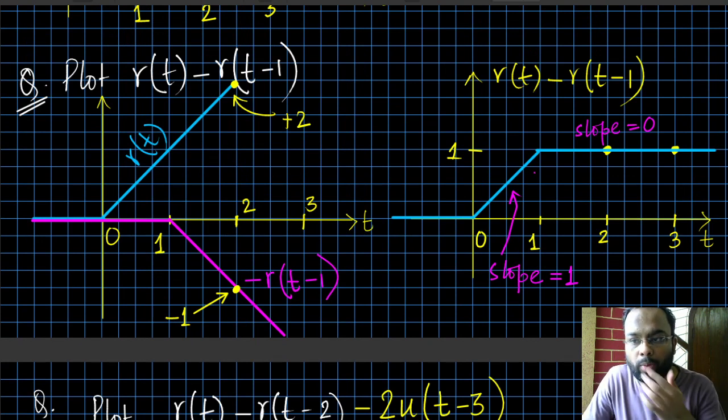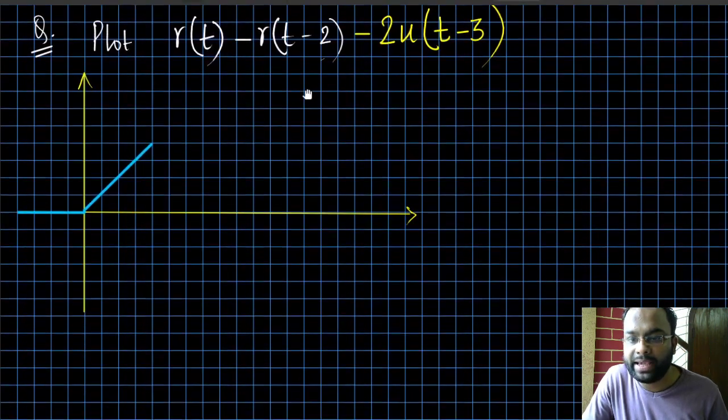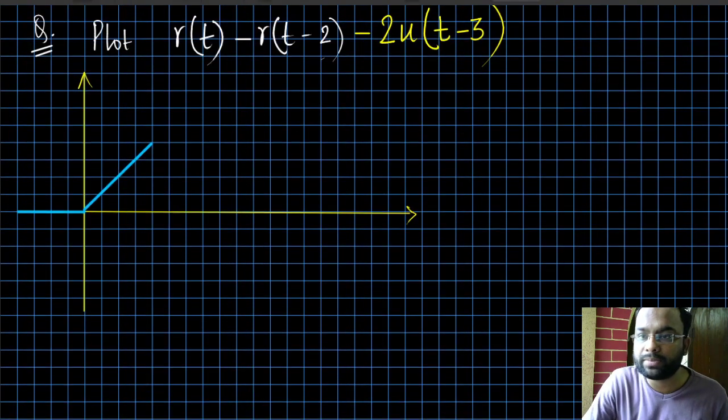So the signal had a slope of 1 up until t equal to 1 when this came into effect, and then the slope became 0. So obviously here we would have something like this. The signal will have a slope of 1 up until t equal to 2 when this one appears, when minus RT minus 2 appears, and this will encounter a slope of minus 1. So the sum will become a slope of 0, right?